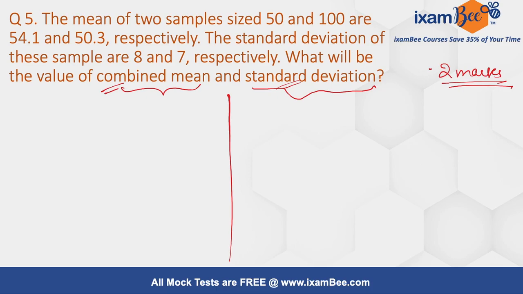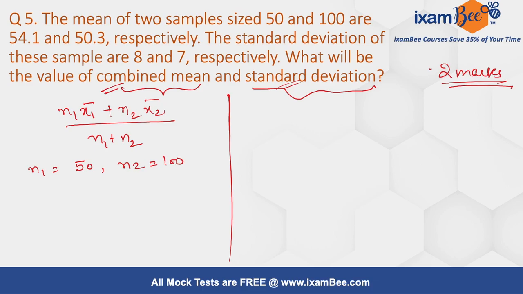For mean, the formula is n1 x1 bar plus n2 x2 bar upon n1 plus n2. And here what is given? N1 is 50. N2 is 100.